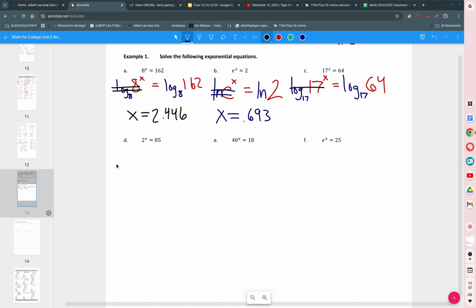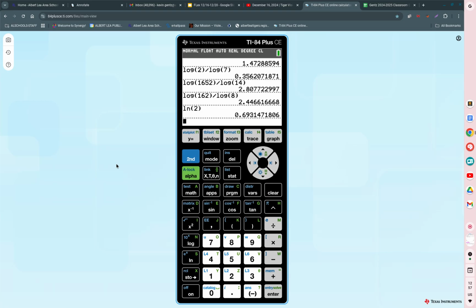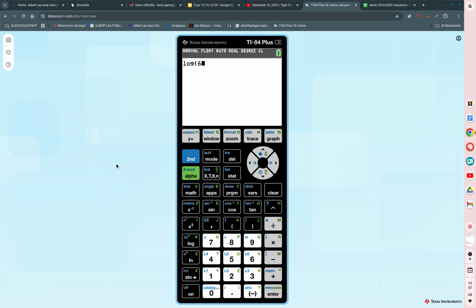Notice that log base 17 and 17 cancel. I'm left with x. And then on the right-hand side, log base 17 of 64. I take the log of 64, and I divide it by the log of 17. And I get 1.467.